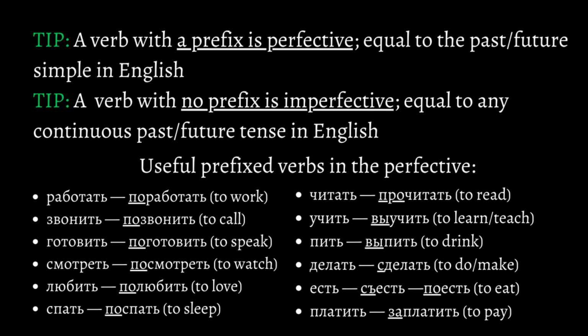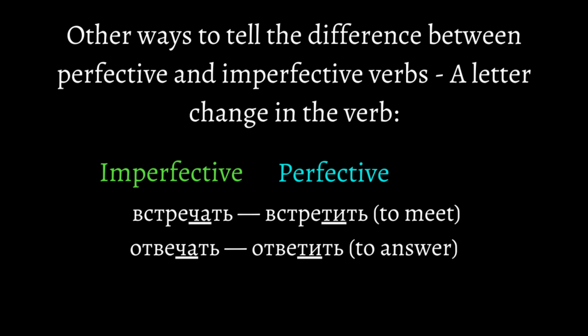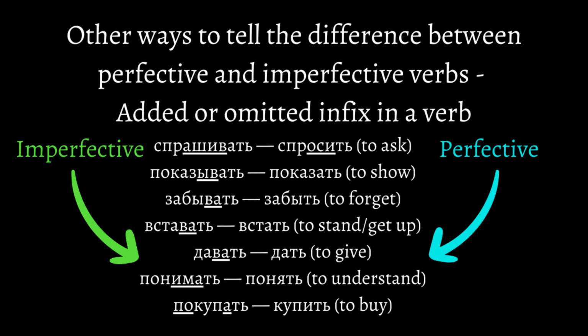Of course, many other verbs have other prefixes, so I will not cover all of them. Furthermore, there are more ways to tell the difference between perfective and imperfective verbs. One way is a letter change inside the verb, like встречать, встретить, and отвечать, ответить. Another way can be an infix that's added or omitted from a verb. Спрашивать, спросить.